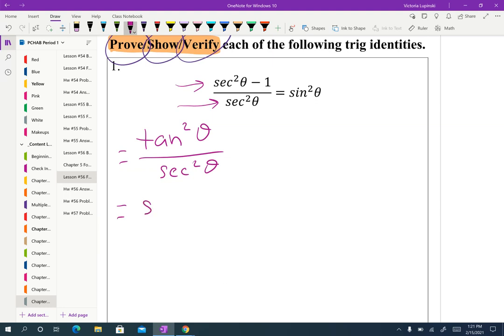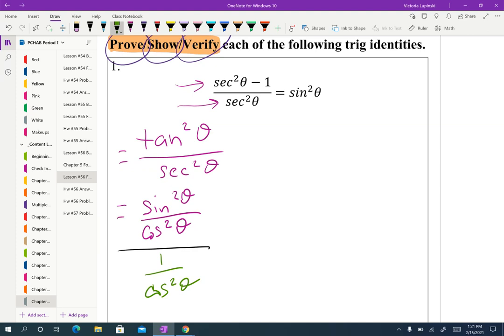A tangent is of course a sine over a cosine, which means a tangent squared is a sine squared over a cosine squared. And again, I'm going to be mixing the variables just to give you the practice, but if you really want to make everything x, you can. So that's just the numerator, sine squared over cosine squared. Then the denominator, I'm going to do 1 over cosine squared.